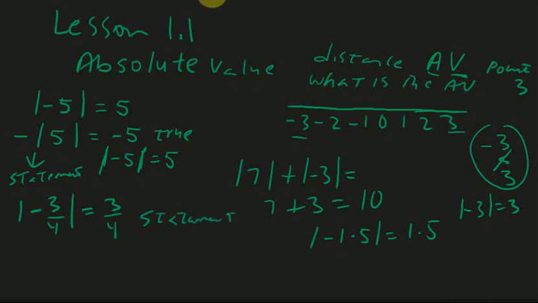So always, what you are doing here is finding a distance. Anytime we're talking about absolute value, we are trying to calculate a distance from one point to another point, or you start at one place, walking or driving, and then go to another place.